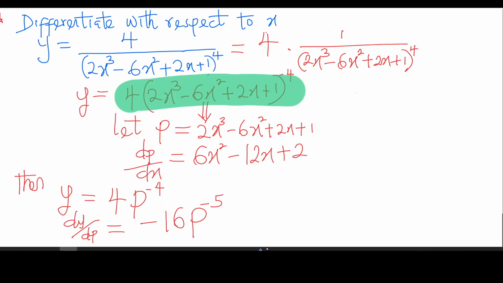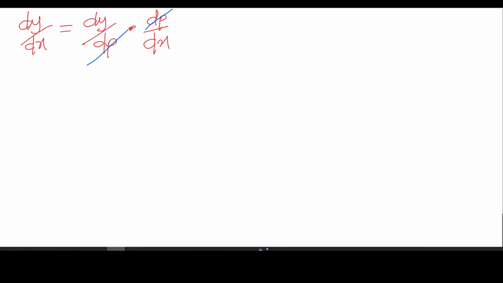And don't forget, what is dy/dp? The dy/dp is negative 16p raised to the power of negative 5. So I'm going to be writing it. So the dy/dx now is going to be negative 16p raised to the power of negative 5. That's the dy/dp.